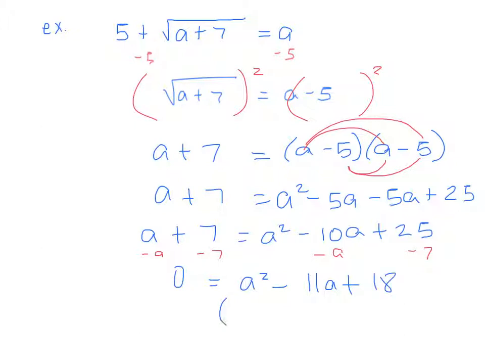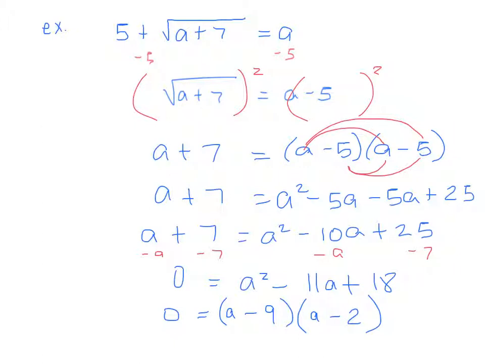So now we're looking for two numbers that multiply to give you 18 and add to give you negative 11. And those two numbers are negative 9 and negative 2. When we factor, that's what we get: a minus 9 times a minus 2, and that's equal to 0. So now, either this has to be equal to 0 to give us an answer of 0, or this has to be equal to 0 to give us an answer of 0.